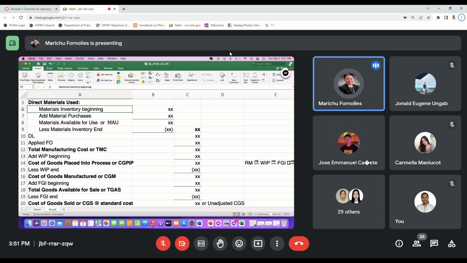Okay. So in actual practice, if you are using perpetual inventory system, you adopt a continuous record of your inventory. And this continuous record of inventory is what we call your stock card. So the format of the stock card is the one that you see in your book below, which is still unfilled. You have the column headings: received, issued, balance, the date.